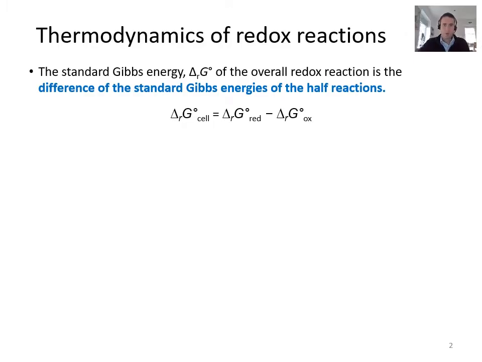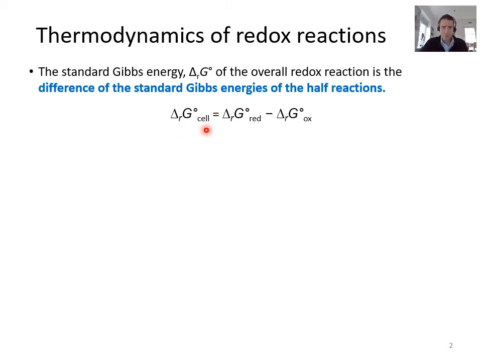Okay, so the underlying thing that we're going to have to think about is how to define whether a reaction is going to proceed or not, or if it's going to proceed spontaneously or not. And in order to do that, we need to consider the standard Gibbs energy of the overall redox reaction. That's this value here, delta rG cell.